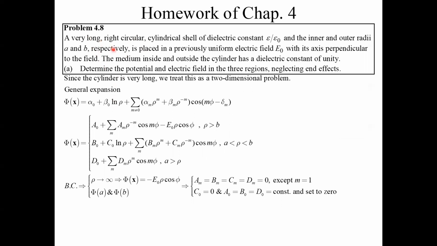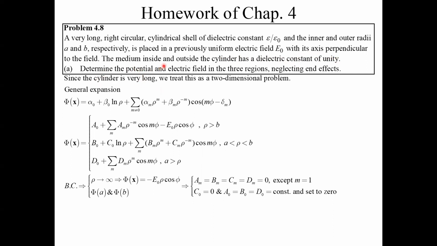Problem 8: a very long right circular cylindrical shell of dielectric constant epsilon, and inner and outer radii a and b respectively, is placed in a previously uniform electric field, with its axis perpendicular to the field.